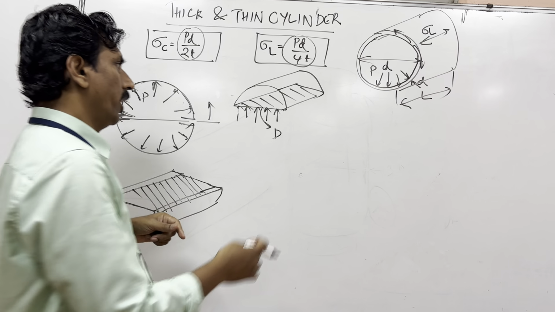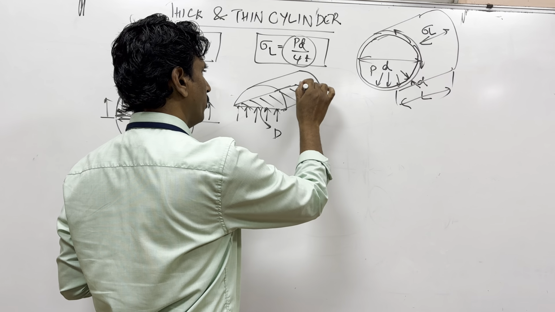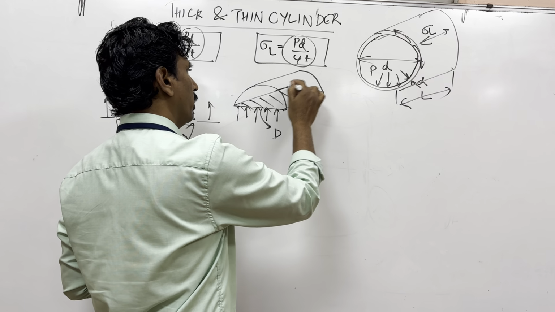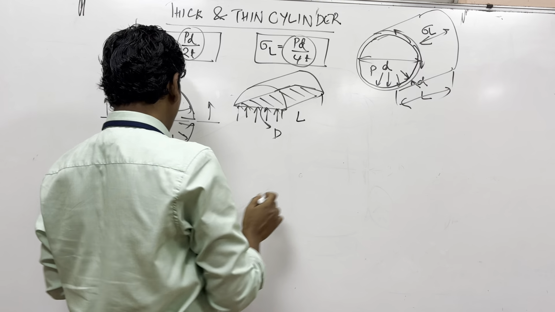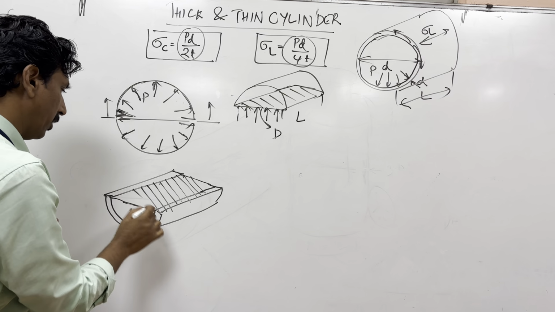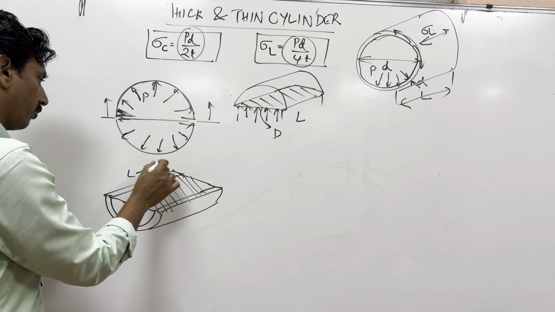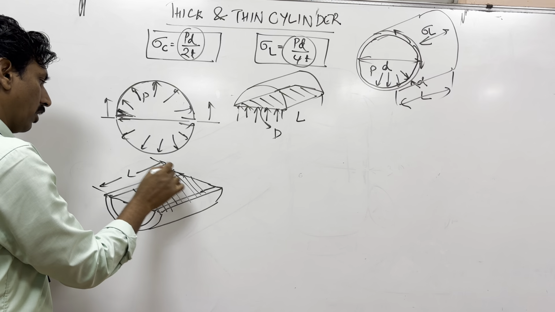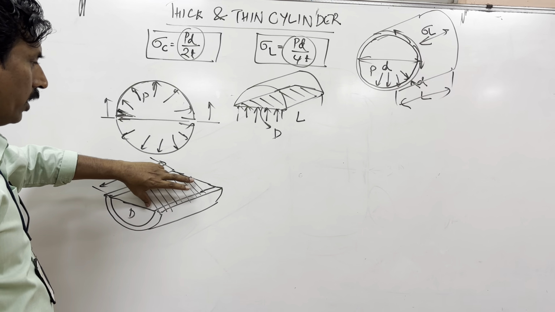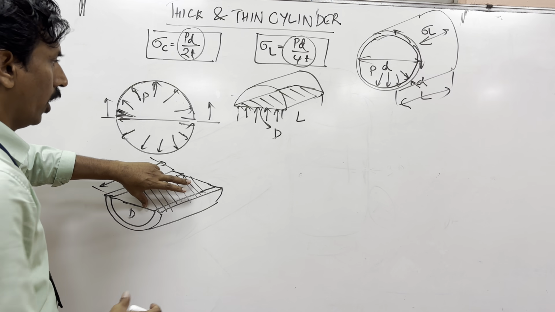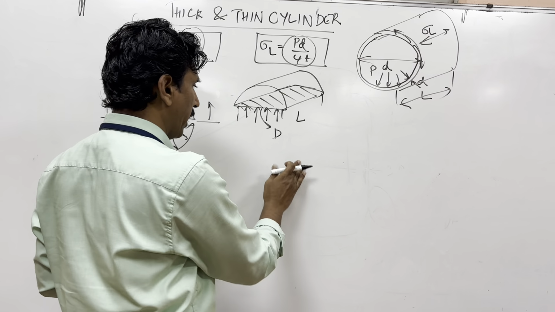Anyway, this length term will cancel out. So here the area is diameter and this is the length. Therefore you can say that it is the area to which the pressure is applied.